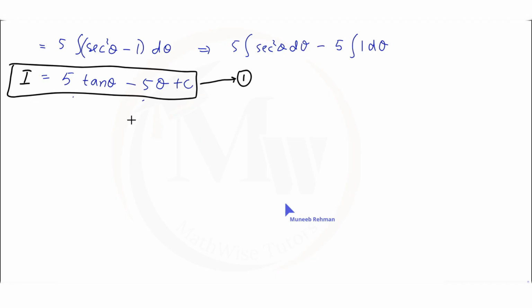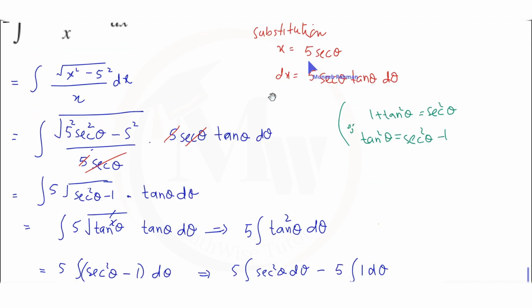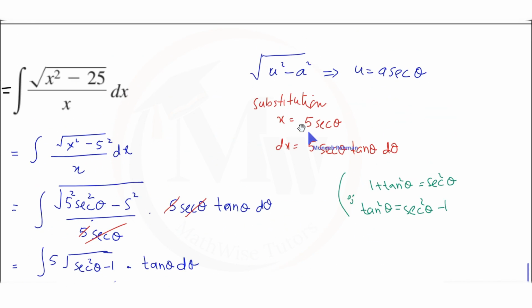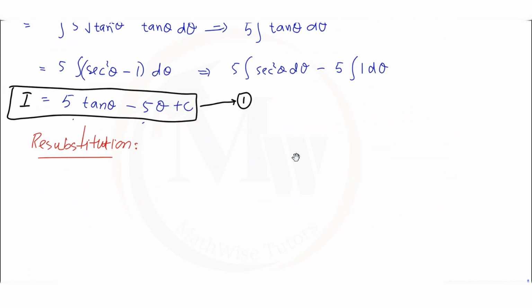I told you that when you need to do resubstitution, you can use the substitution value that we already plugged in the function. So what value did we use while we did the substitution? In the start, we used secant theta, but we need to find the tan theta.